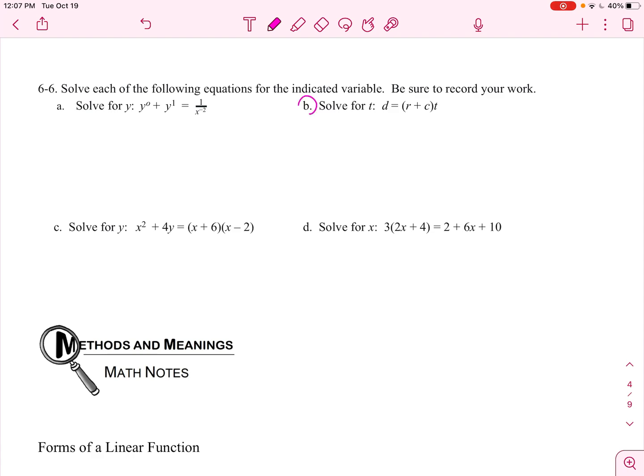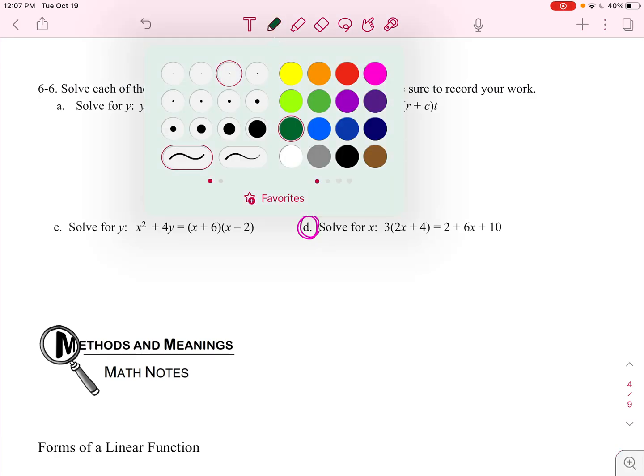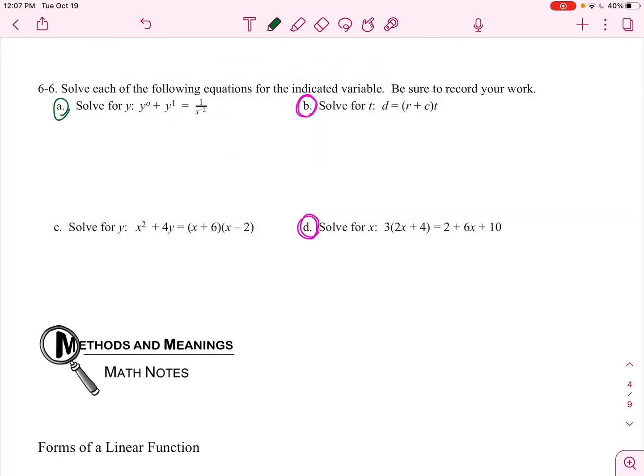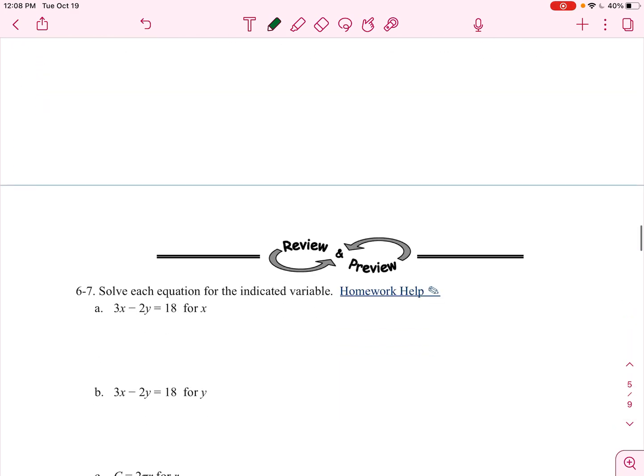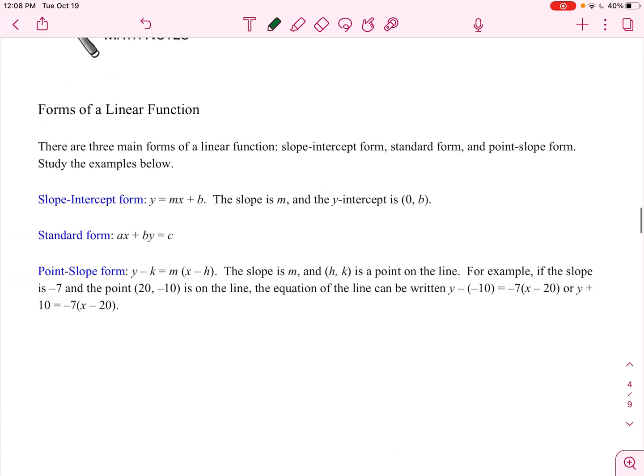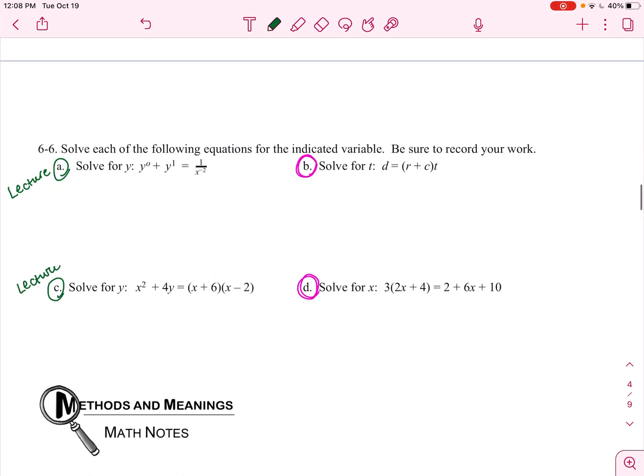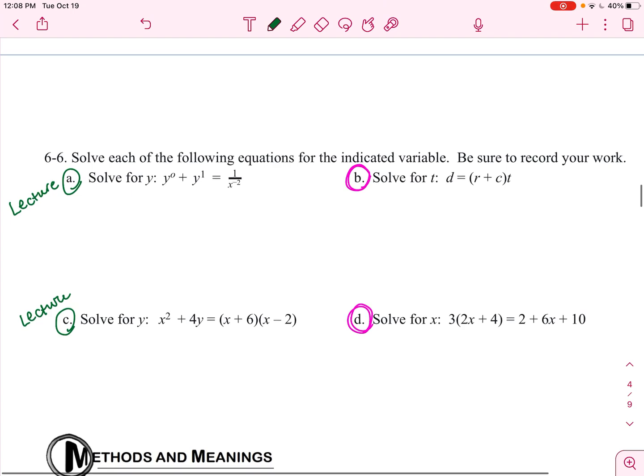Actually, I'll have you do B and D. And then I will do in the lecture right now A and C. And then I will also have you complete the review and preview for homework and classwork. But let me do 2 more of these.